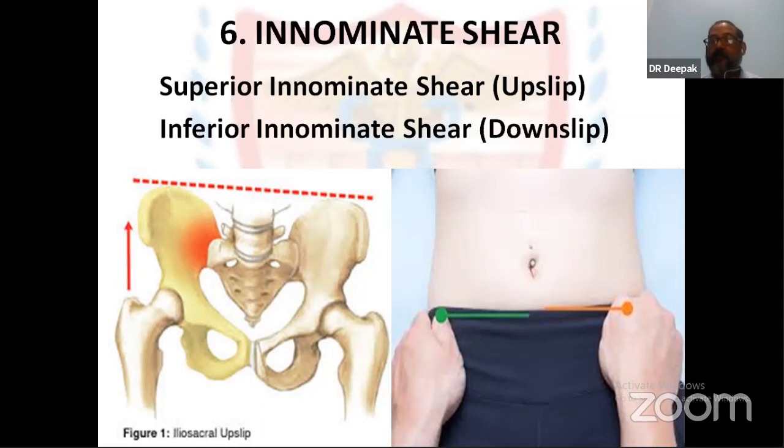If they are imbalanced, with one superior or one inferior, that means one side of the innominate is going superiorly, that is an upslip, a superior innominate shear, or a downslip, an inferior innominate shear, where one side of the innominate is going in an inferior direction. We can assess it very easily.